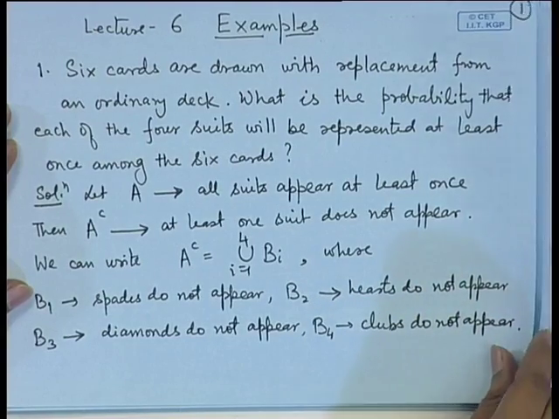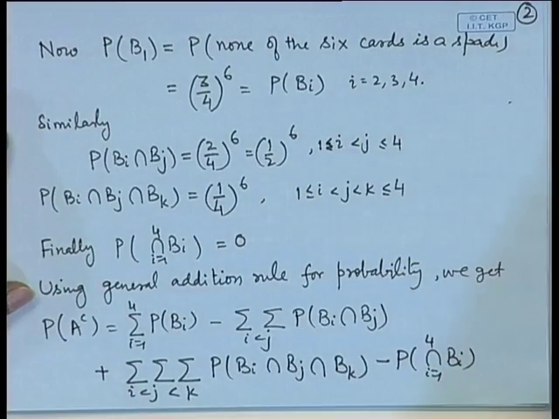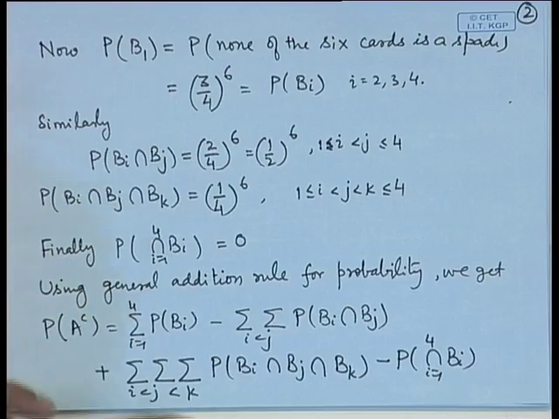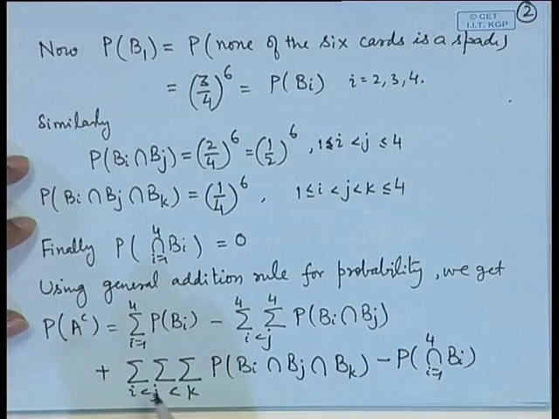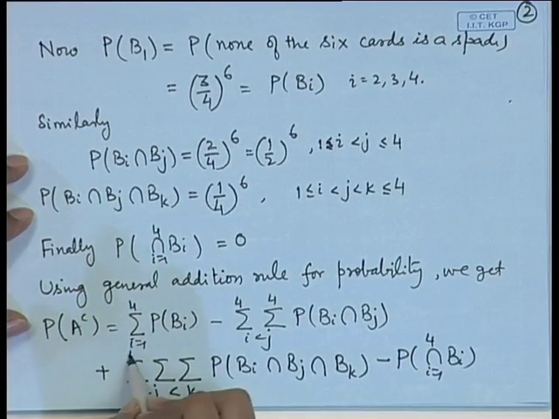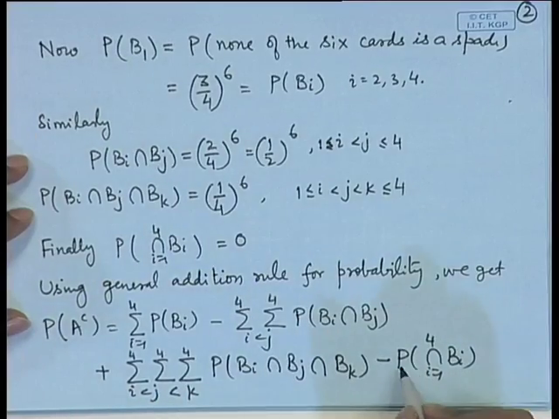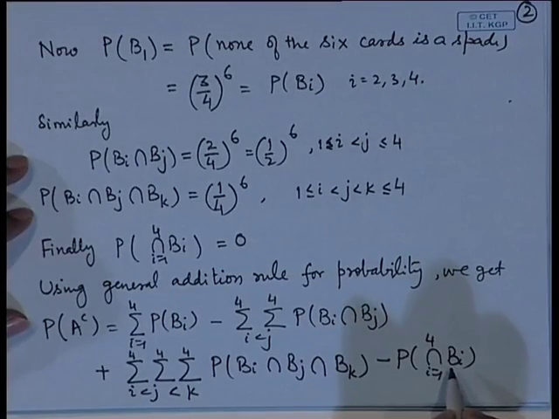Now, by the addition rule, probability of A complement is equal to the sum of probability of B_i, minus the double summation of probability of B_i intersection B_j, where i is less than j and the summation goes up to 4, plus the triple summation of probability of B_i intersection B_j intersection B_k, where i is less than j less than k and the sums go up to 4, minus probability of the intersection of B_i, i equal to 1 to 4.